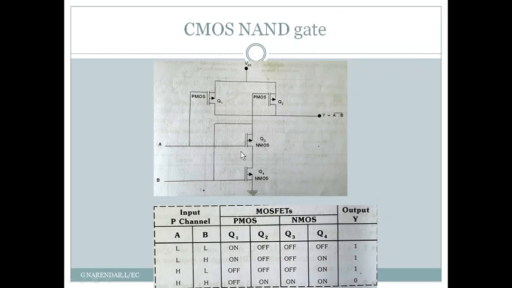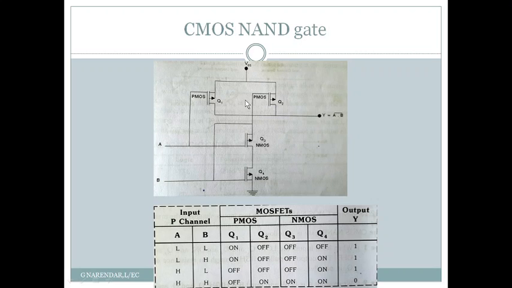So we will see how it gives NAND operation when we apply the various combinations of inputs. That is, these two are the input variables, and these two variables may be either both 0 or both 1, or one of the inputs is 0, other is 1, and vice versa.